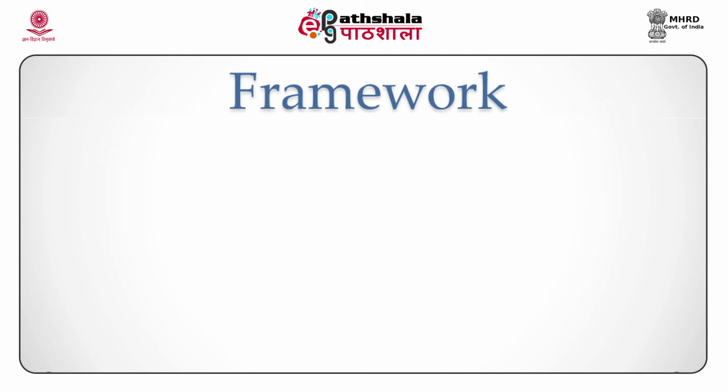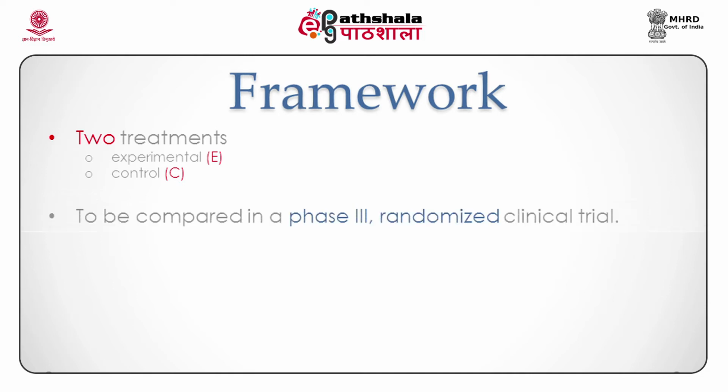Our framework here is that we have 2 treatments: the experimental treatment, which we shall denote by E, and a control treatment, which we shall denote by C. So the treatments E and C are to be compared using a phase 3 randomized clinical trial.